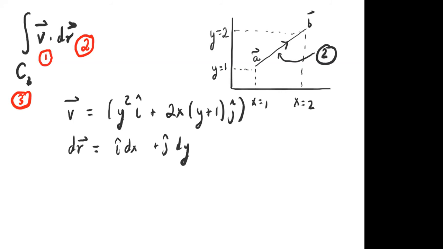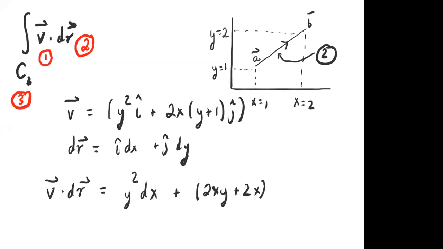So I'm going to need to evaluate what's inside this integrand. That just means all I have to do is take the dot product of v with dr. And I know how to do that. I know how to take dot products of vectors. So that's y squared dx plus 2xy plus 2x dy.